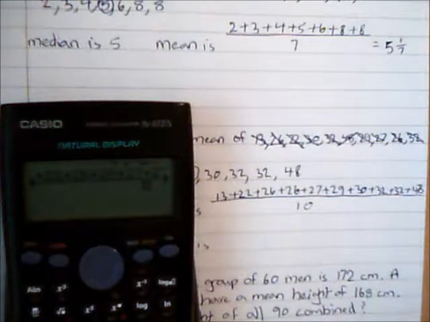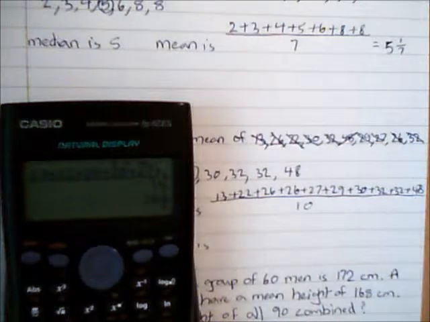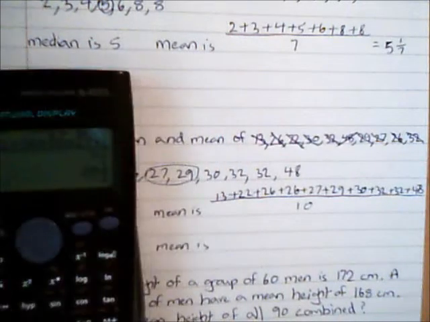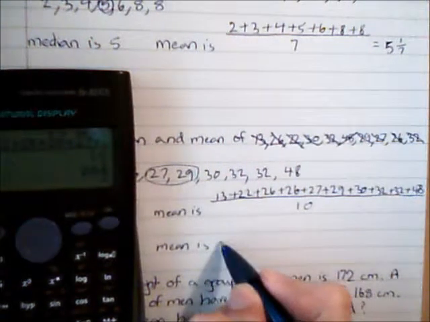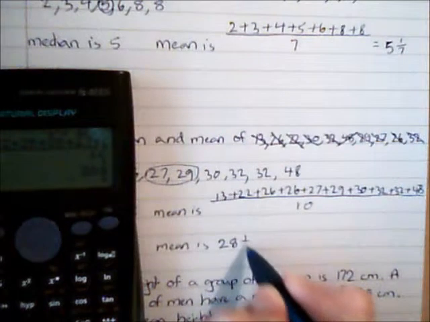And divide through by 10, and again I'm going to choose to leave my answer as a mixed number this time, so my mean here is 28 and a half.